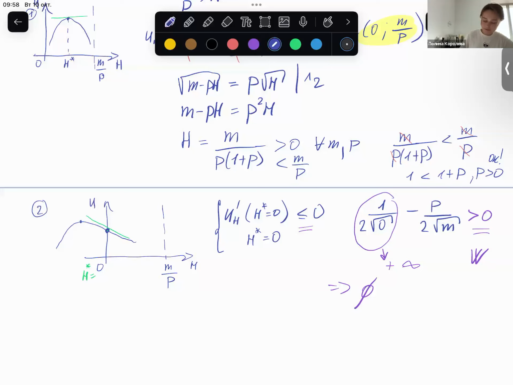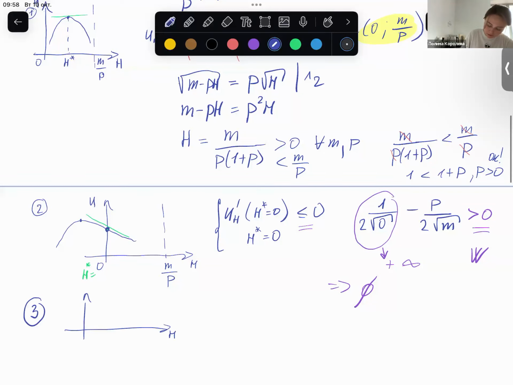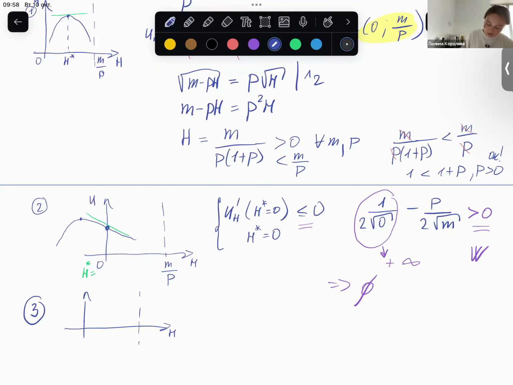And let us consider the second corner solution. The second corner solution can be when we spend all our monetary income on heating. So our utility function can reach the maximum somewhere here, and we cannot consume such an amount according to our budget constraint.